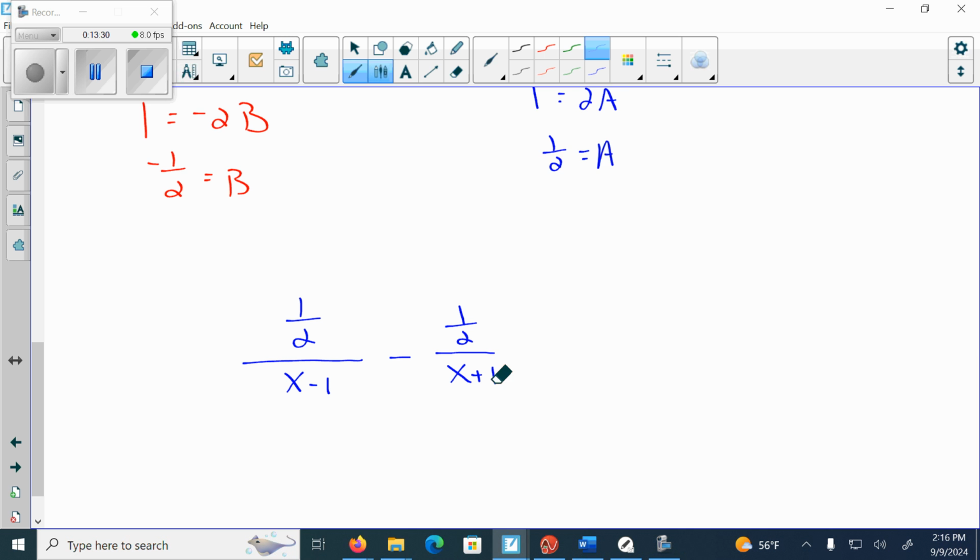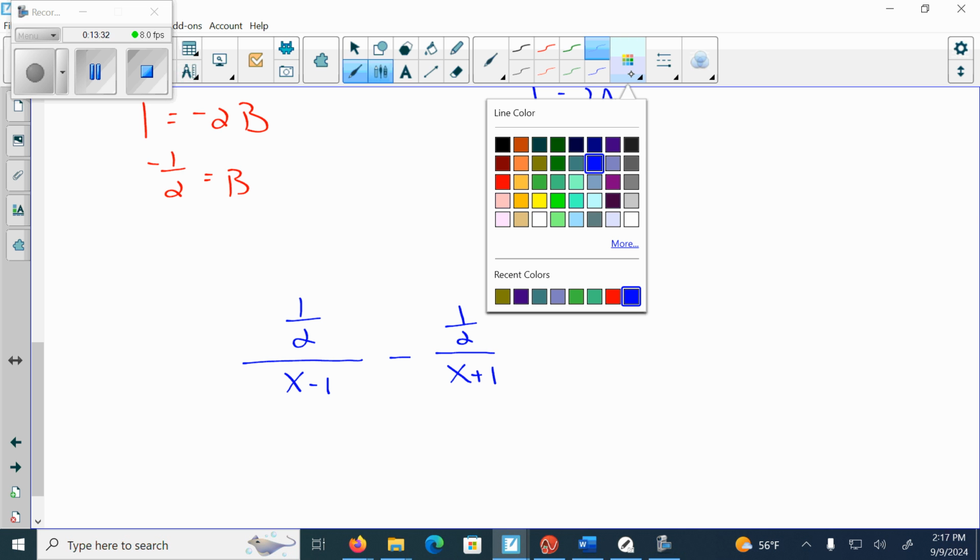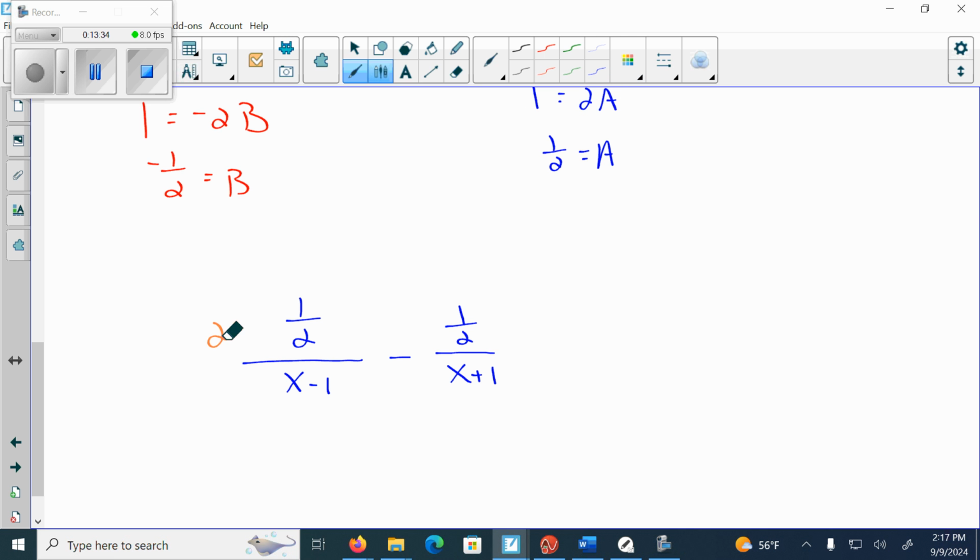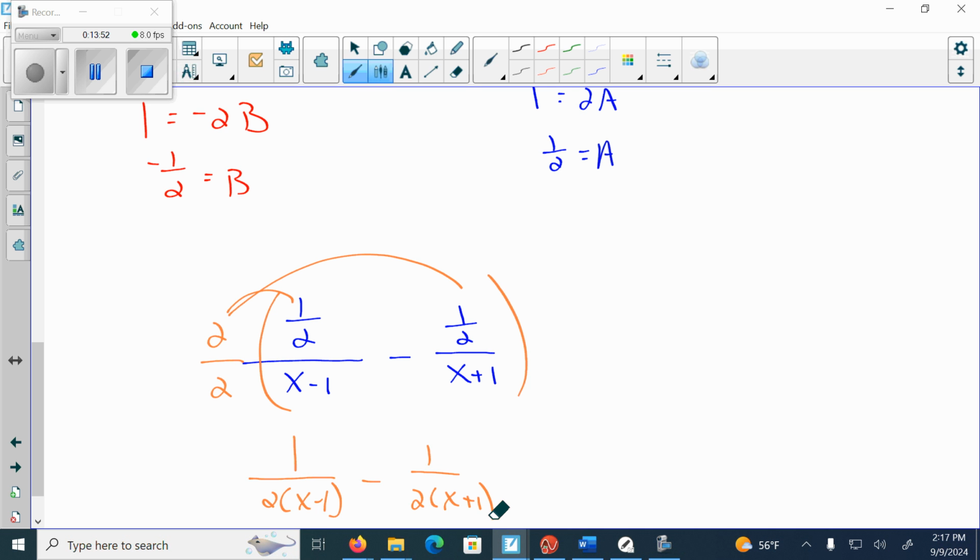Whatever you do to the top, do to the bottom. So I can multiply this by 2 over 2, and I would do the whole thing, yes? So that would be 1 over 2 times x minus 1 minus 1 over 2 times x plus 1. That's one way I could have done it.